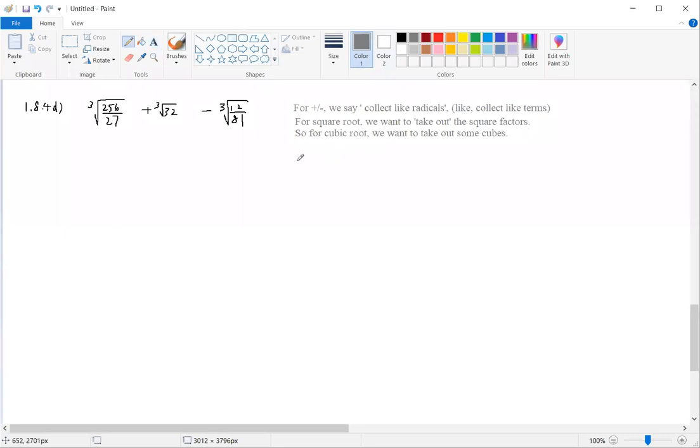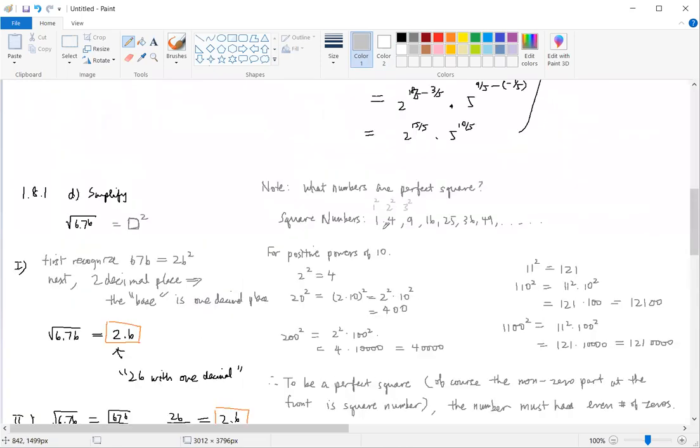So here, let's write down some cubic numbers, just in case someone didn't recognize, or I don't recognize all of them either. The cubic numbers, of course, are 1 cube, 2 cube, 3 cube, 4 cube. Those are called cubic numbers. Square numbers, as we have seen above, 1 square, 2 square, 3 square, 4 square, 5 square.